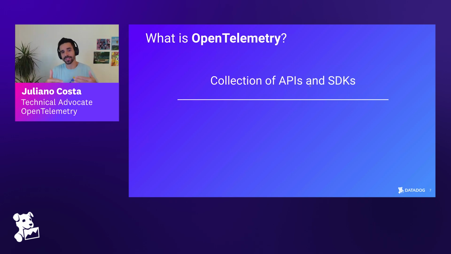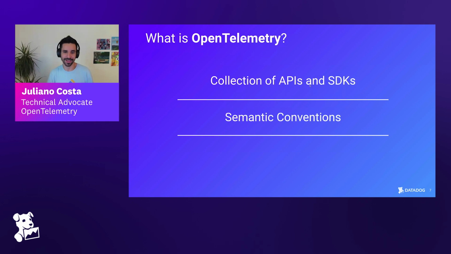And it's important to follow what we in the project call a set of semantic conventions. So this also defines a common language across those different programming languages. And we also have a set of tools, such as the OpenTelemetry Collector, that we will mention in a sec, what it is and what it's used for.